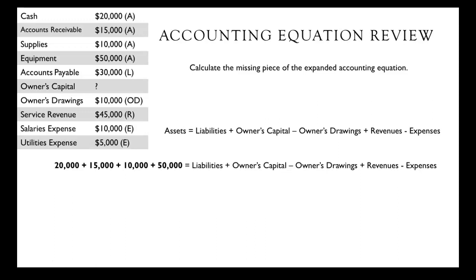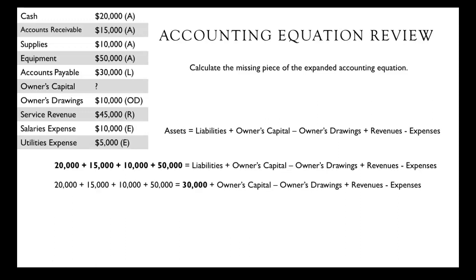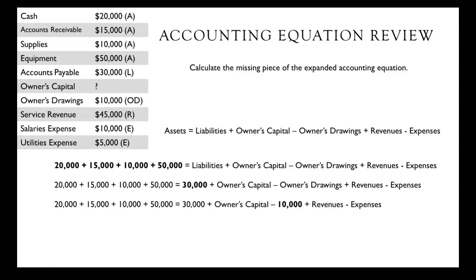Now for your liabilities, we only had one liability, right? We just had accounts payable. So we'll plug in that 30,000 for our liabilities. Owner's capital is what we're trying to find. So our next piece will be our owner's drawings of 10,000. Remember, your owner's drawings are subtracted in the expanded accounting equation.